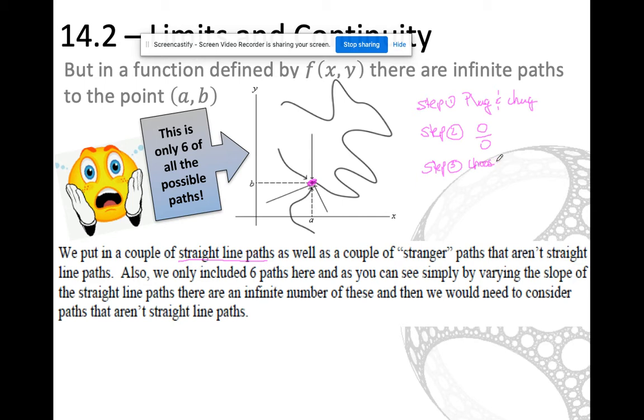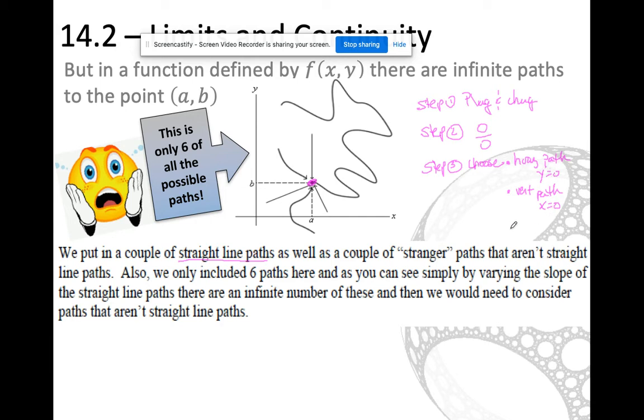So we're going to choose to investigate a horizontal path where y is always equal to 0. Then we're going to choose a vertical path where x is always 0. And if those two limits are different, the limit does not exist.